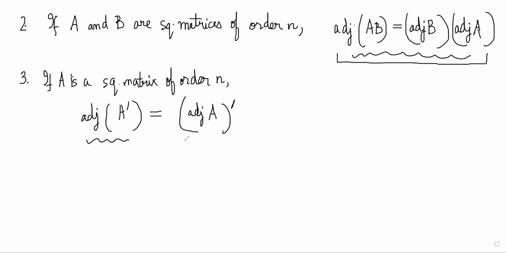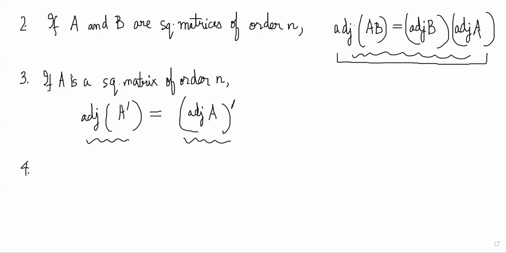Notice that these two things are different. One of them is the adjoint of a transpose matrix. The other one is the adjoint of A and then the transpose at the end. But both are equal. This is very useful in problems. You need to know these properties.